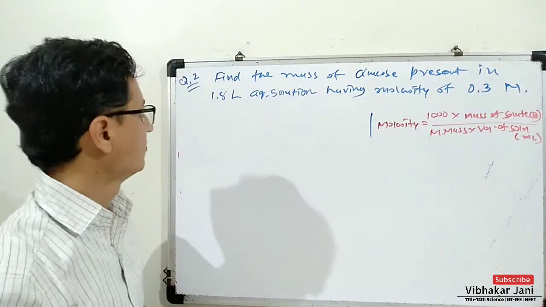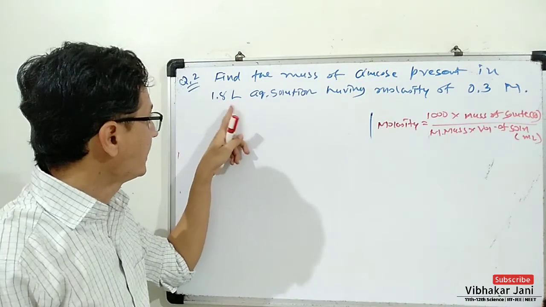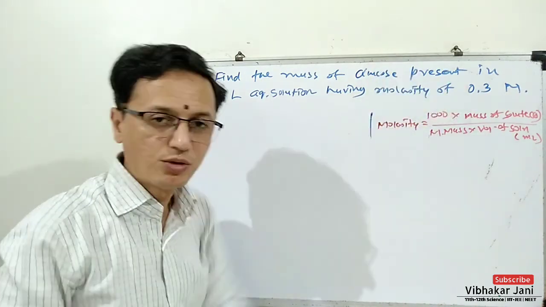Now this is the question. We are asked to find the mass of glucose present in 1.8 liter aqueous solution having molarity of 0.3 molar.